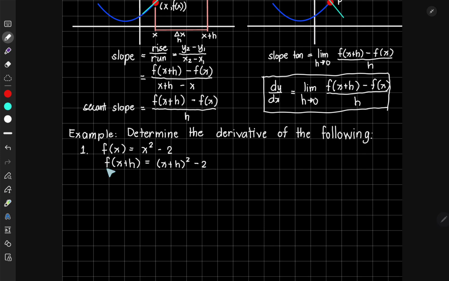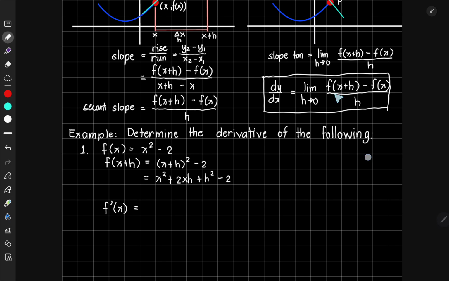And this would be your f of x plus h. Or kung i-expand natin to, we have x squared plus twice, multiply this to x times h. Then, plus h squared. And then, minus 2. So, ito na yung f of x plus h natin, which we will substitute dito sa formulang ito. So, getting the derivative, we have f prime of x.